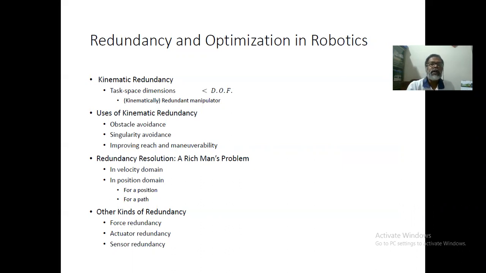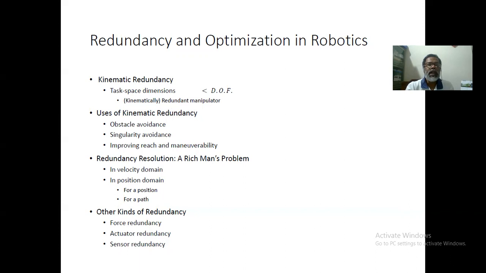Okay, so where the task space dimensions are less than the degrees of freedom of the manipulator, such a situation will make the manipulator a kinematically redundant manipulator. That is, the redundancy is redundancy of motion. There are more kinds of motion possible than necessary.